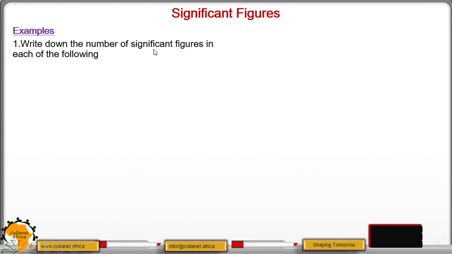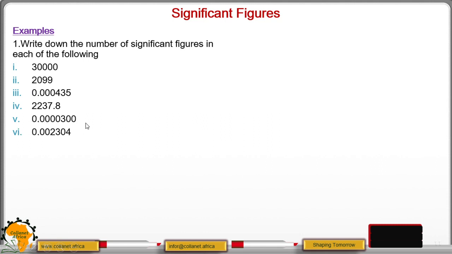Write down the number of significant figures in each of the following. You have 30,000, then you have 2,099, then we have 0.00435, then we have 2,237.8, and 0.000300.